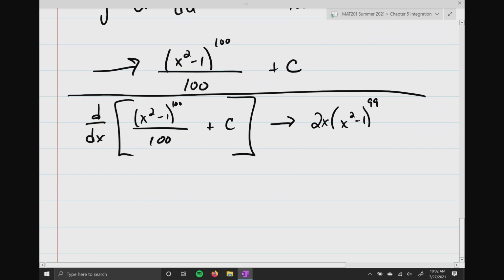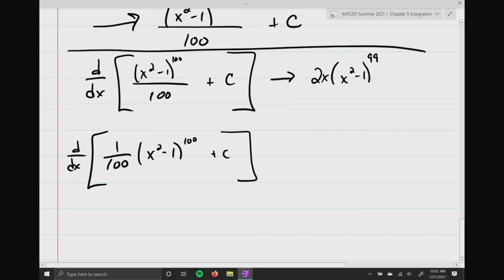So let's go ahead and show that this actually works. What I'm going to do is rewrite this real quick to make it look a little bit easier for my eyes. All I did is take the denominator of 100 and move it out front. So now when I differentiate, I'm going to get 100 over 100 times the inside, and then multiplied by the derivative of the inside.